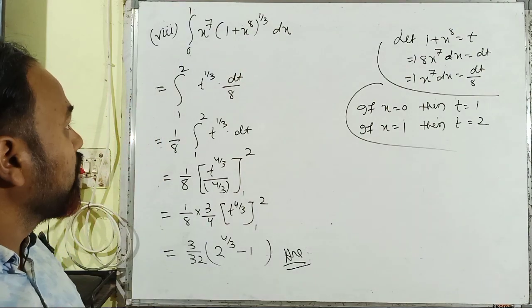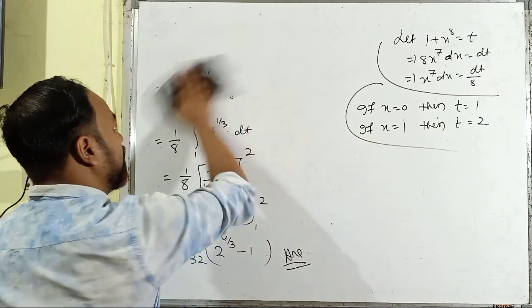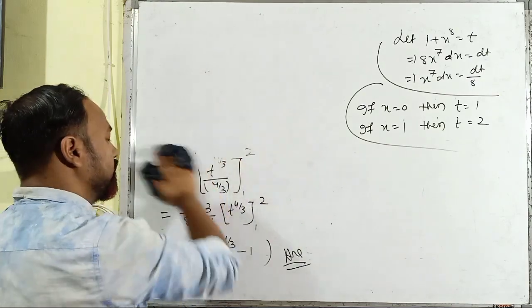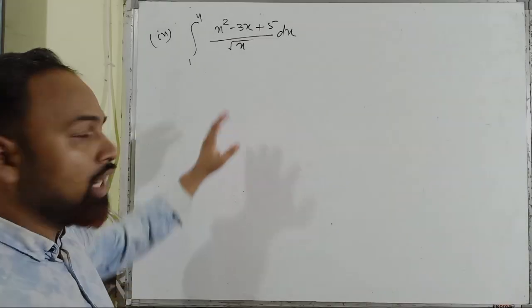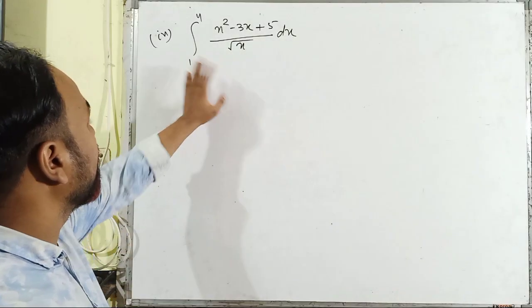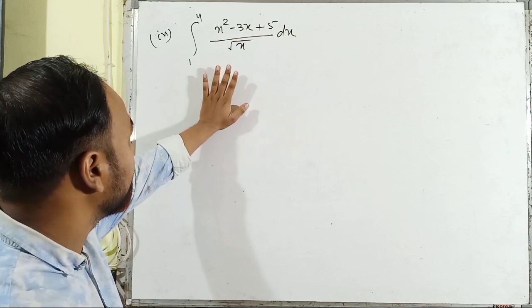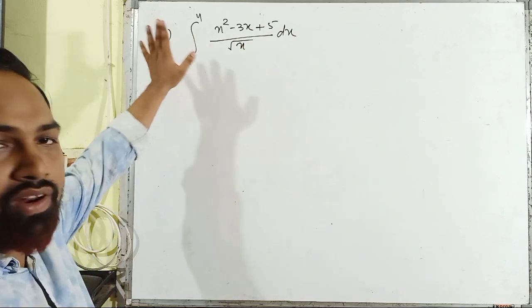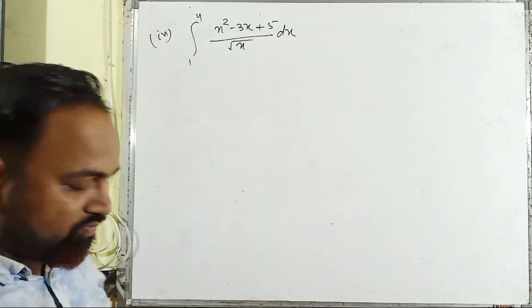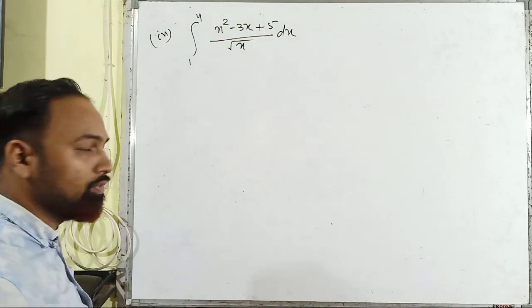Then moving towards number 9. So in the ninth part of number 1, it is given that we have to find the definite integral of x square minus 3x plus 5 divided by square root of x with respect to x, from the lower limit 1 to the upper limit 4. So first of all, let us simplify these steps by using the separation method.